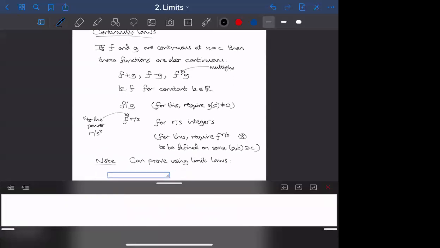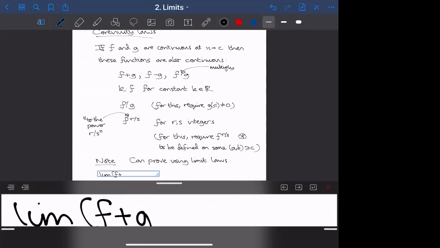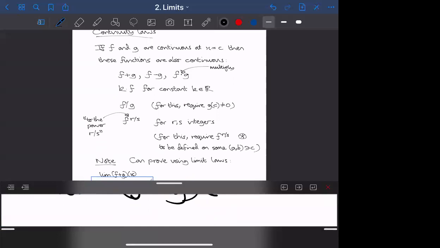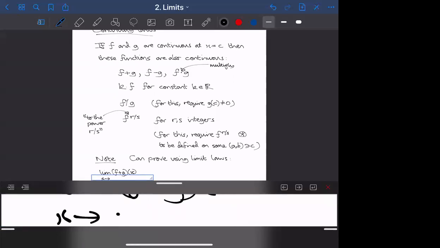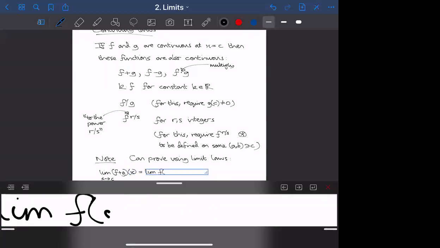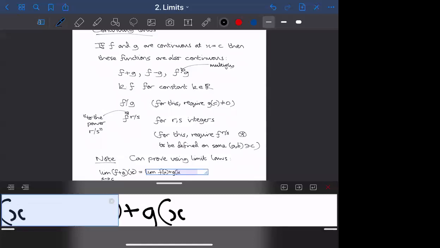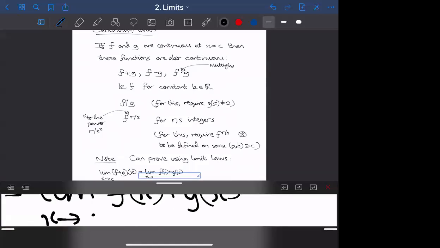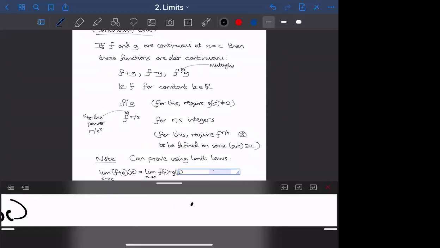So for f plus g to be continuous, I want the limit of f plus g, a function of x, as x goes to c, to be equal to the value of that function at c. Now, by definition, the value of the function at x is the sum of the values of f and g at x. And the limit law says that the limit of the sum is the sum of the limits.